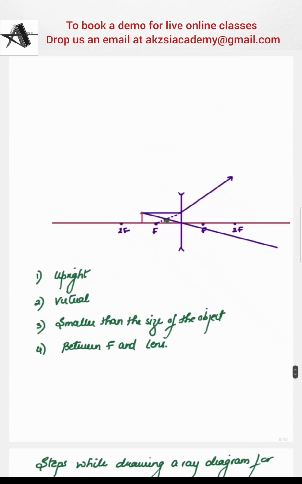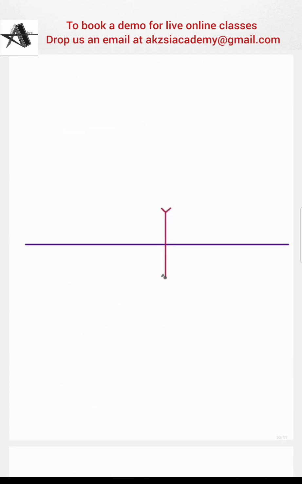Let me take the another case where object is placed beyond 2F. If I place this object here, now same thing, I'll draw a line which is parallel to the principal axis.